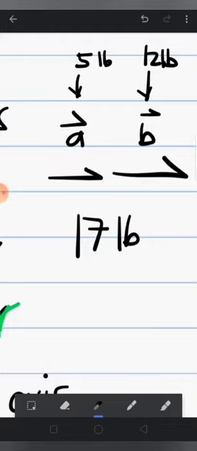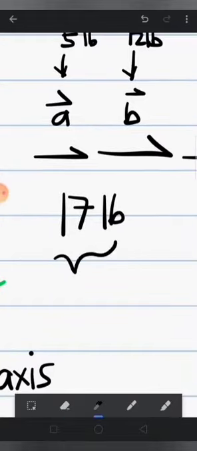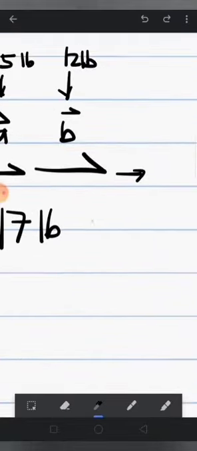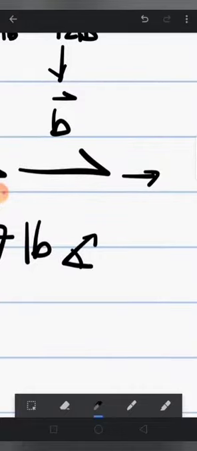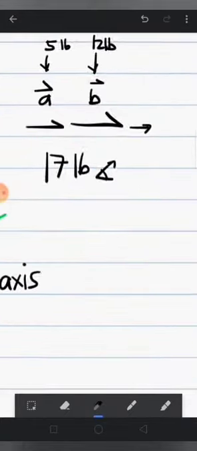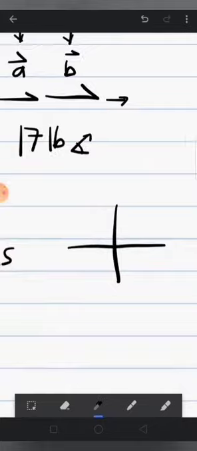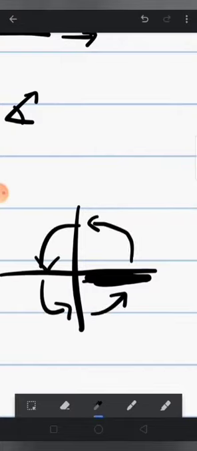And since a vector has magnitude and direction, it should have magnitude and direction. Here we only have the magnitude. To complete this, we need a direction. So just take note, if this is your axis, this is always the reference axis. And then if we rotate like that, that's 90, then 180, 270, 360.